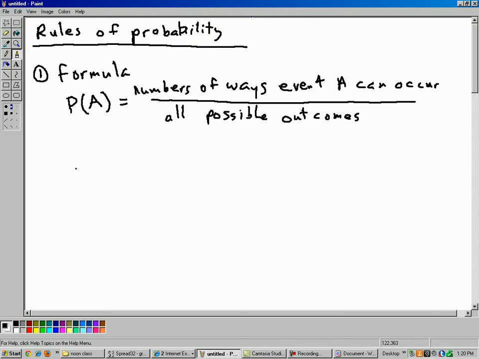All right, so for a quick example here, let's say you have 10 marbles in the bag, and you pick one at random. Let's say out of these 10 marbles, you have 3 green marbles.